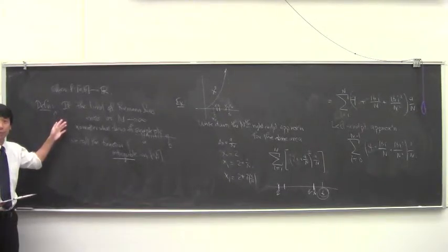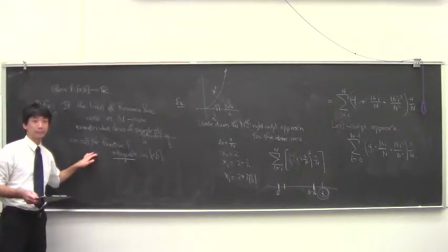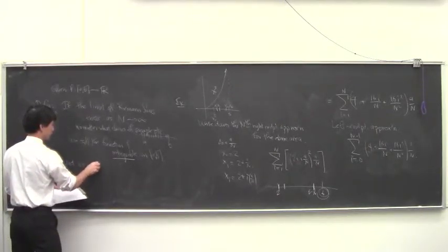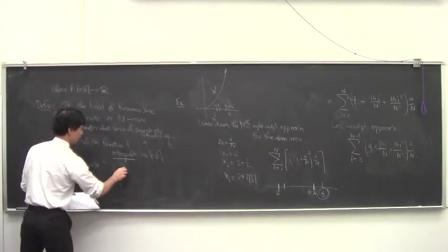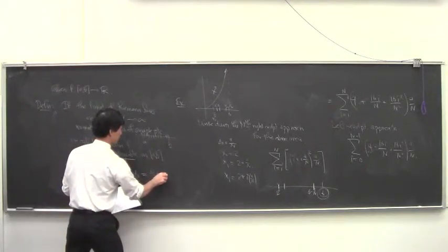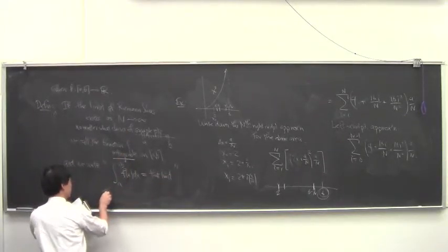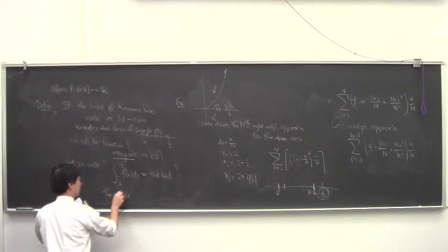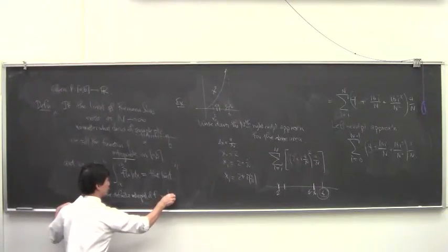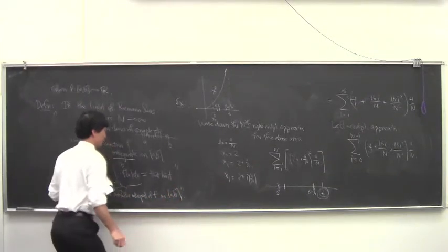If that limit exists, no matter how you choose your sample points, then we call the function integrable. And we write that limit as the definite integral of f on [a, b]. This thing here is called the definite integral of f on [a, b].